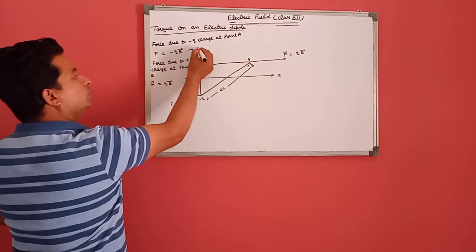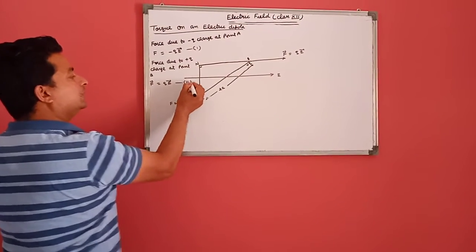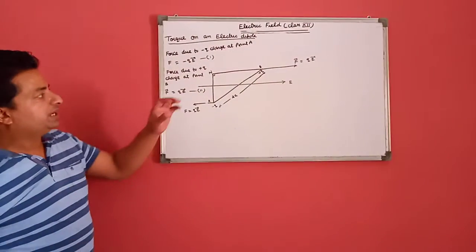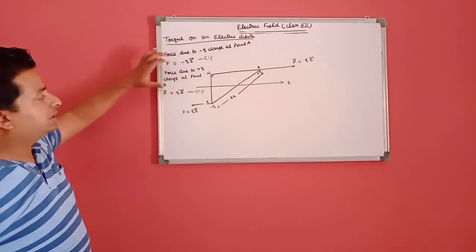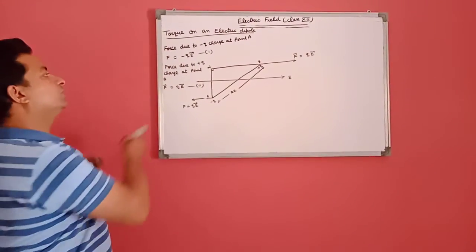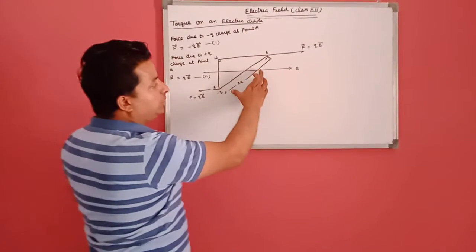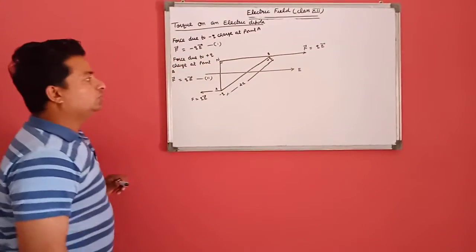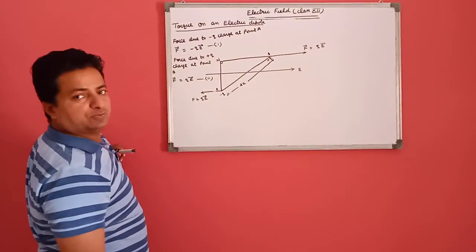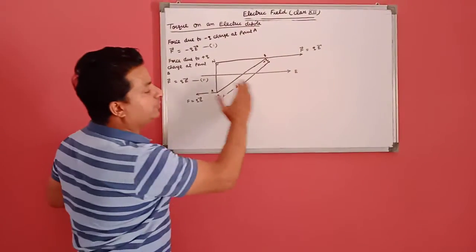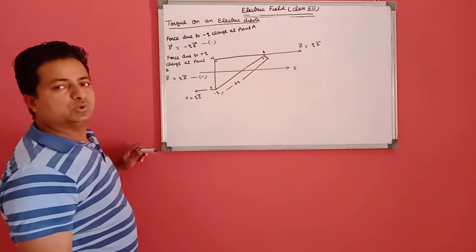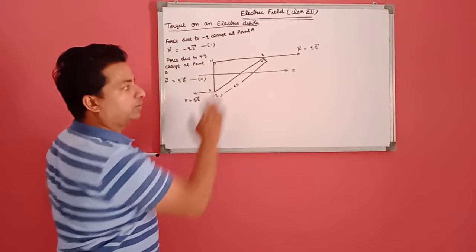As we see from equations 1 and 2, there are two forces whose magnitudes are the same but whose directions are opposite. That is, the dipole is under the action of two equal and opposite forces having different lines of action, so they give rise to torque.